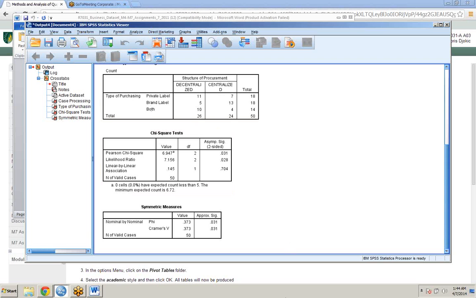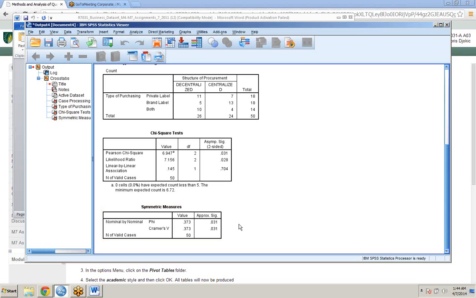Now, as I told you, phi is going to give us some sort of coefficient of correlation, and this is 0.373. So that means there is some positive correlation between the type of purchasing and the structure of procurement, and it happened to be statistically significant.